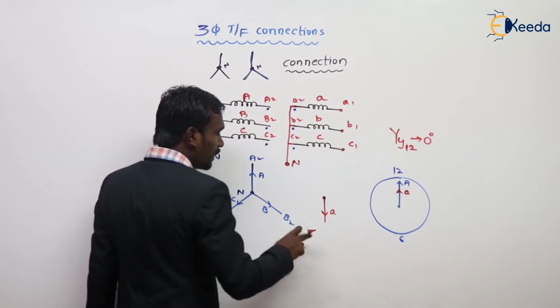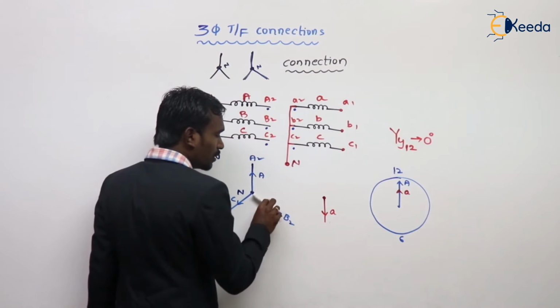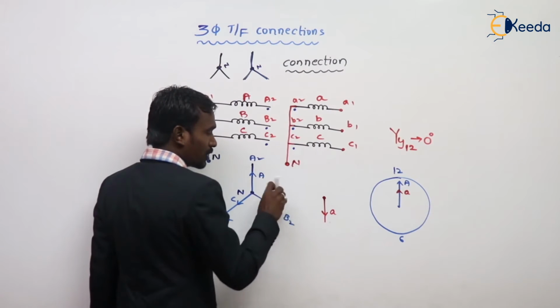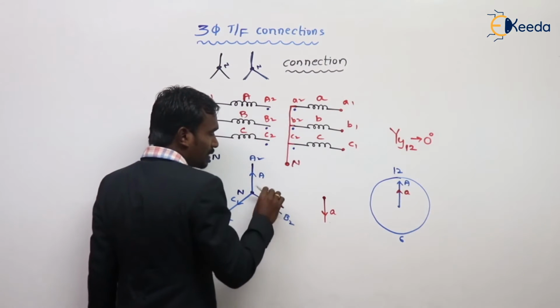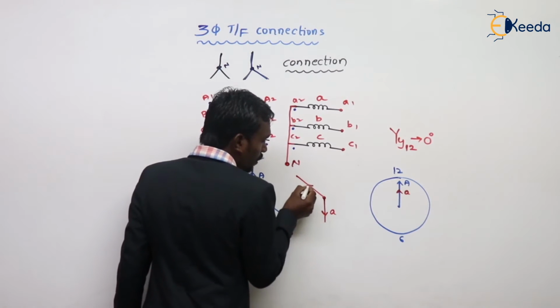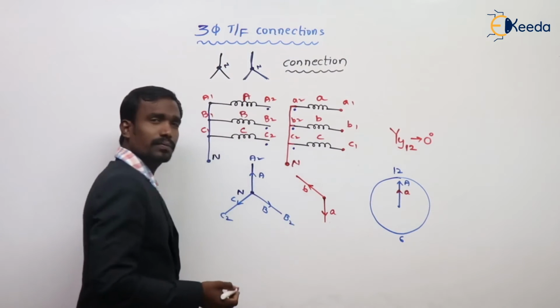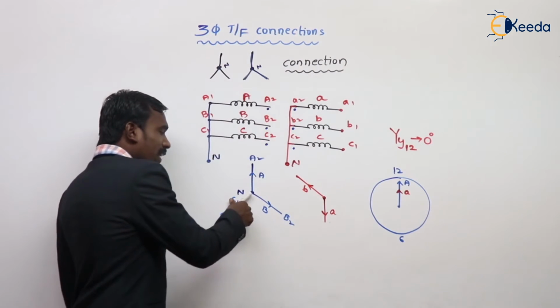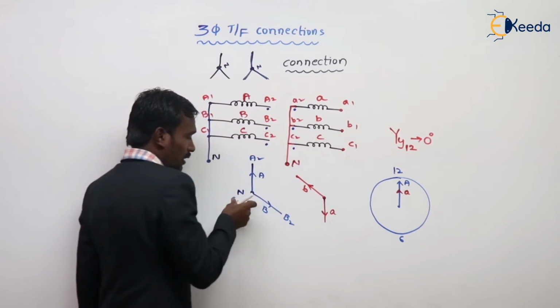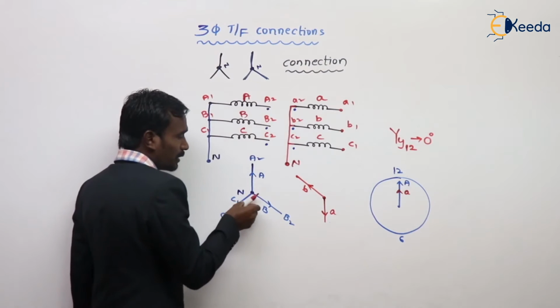Here my B is in this direction, so here B should be in the opposite direction because of 180 degrees. This is my small b. Here my C is in this direction, but here it is exactly opposite.